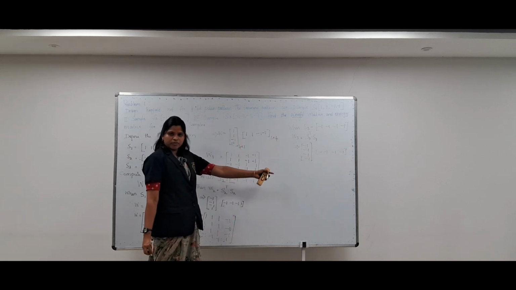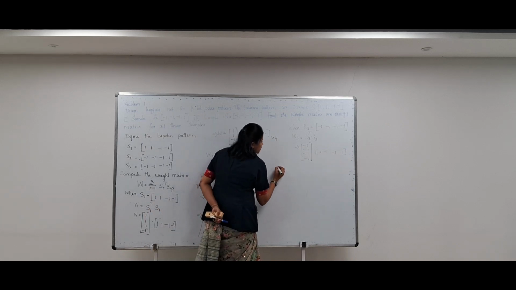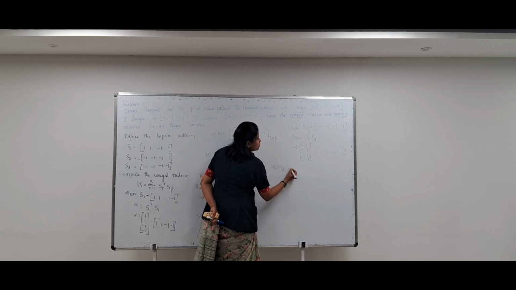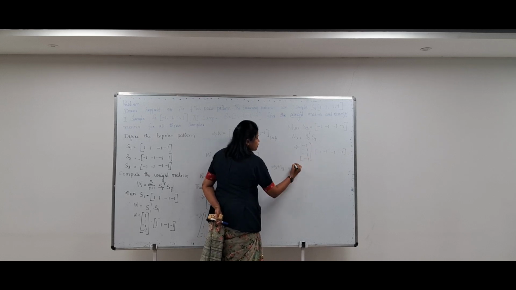Let's find the product of these two now, so that means W3 implies minus 1 into minus 1 is 1.